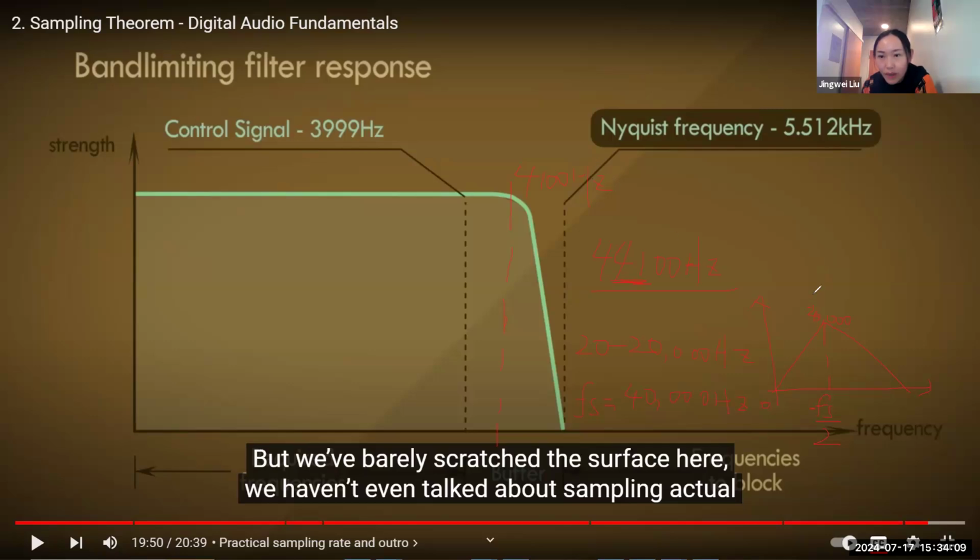Because if we cut cleanly or cut closely on this thing, then it will cause some problems, because your filter doesn't cut like this. There will be a buffer, a slope that gradually cuts off the frequencies. Therefore, we need to set Fs a little bit larger than 40,000 Hertz.